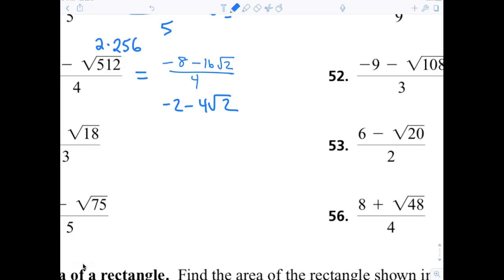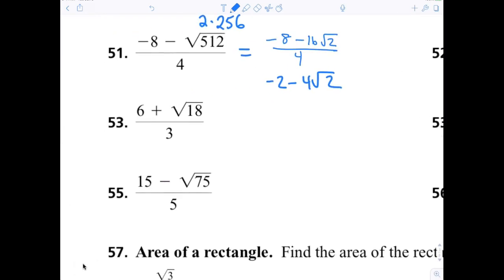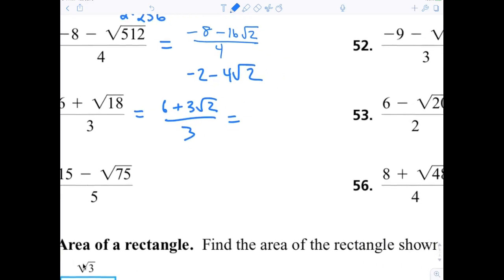Any questions? Now, 18 was pretty easy. What does 18 break down to? You don't have to tell me the perfect square, just tell me the square root of 18 is 3 radical 2. They're small enough, you should just know. 6 plus 3 radical 2 divided by 3 is equal to 2 plus radical 2. If you put the 1, I'm okay, but it's not necessary.